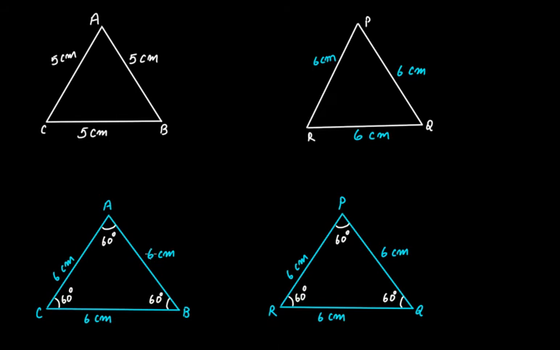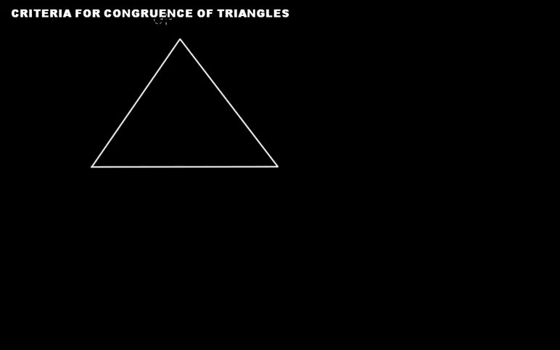Suppose we are dealing with situations where some information is missing, like these angles, let's suppose, and then you have to tell whether these two triangles are congruent or not. Of course, you don't have these two triangles physically in your hand, so there is no way you can place this one over this one. That's what we deal with in criteria for congruence of triangles. Let's understand that. What do we mean by it?